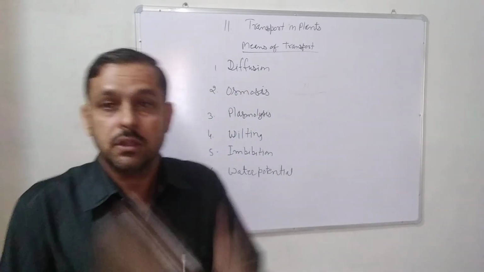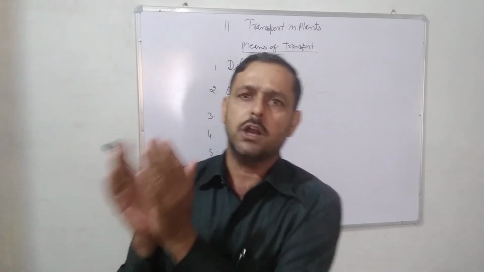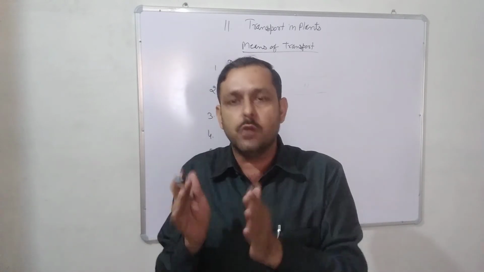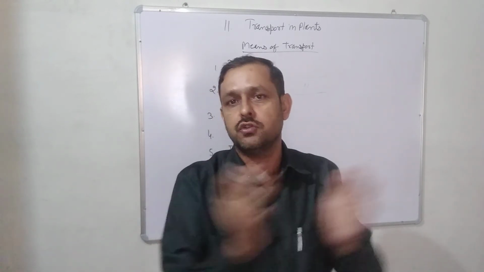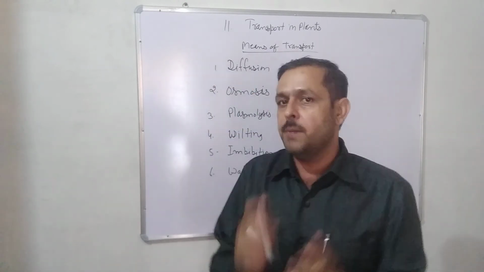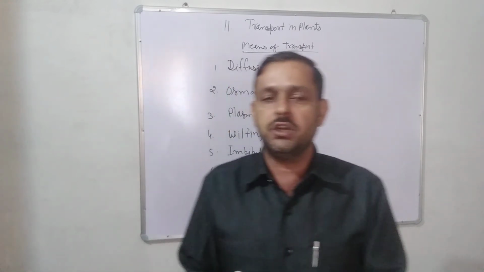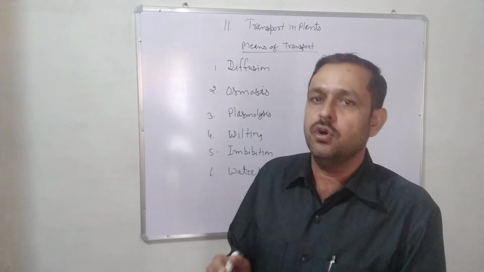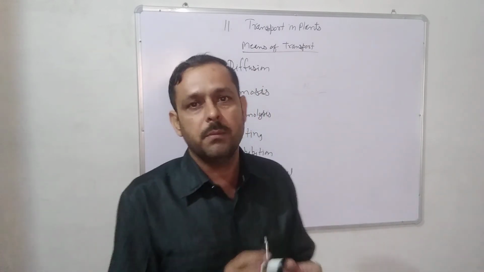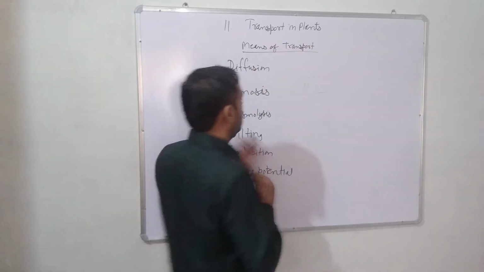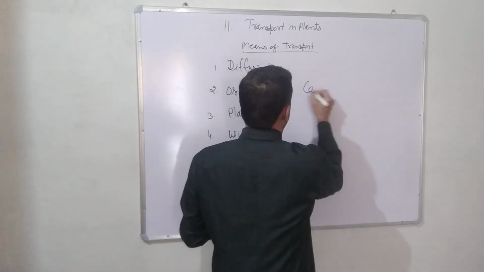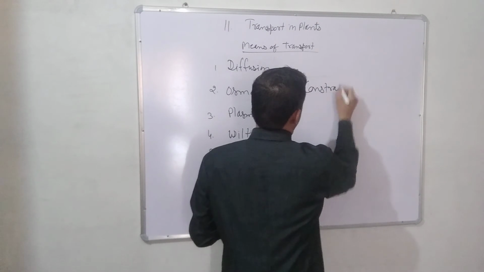If we talk about the solvent, then the solvent moves from its higher concentration to lower concentration, but solute moves from its lower concentration to higher concentration through a semi-permeable membrane. And now you can understand what concentration is.